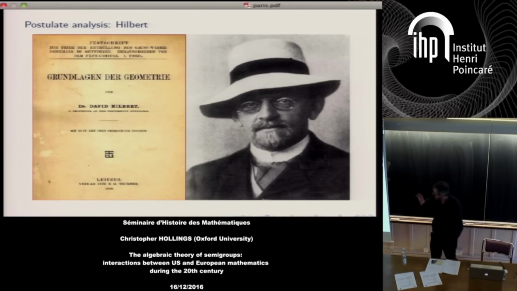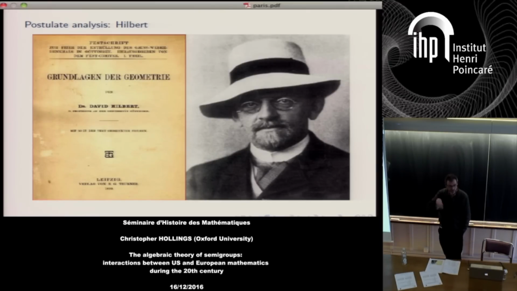And so there's a great awareness in the US of German work, again, as we were seeing. And certainly this book on the axiomatization of geometry was picked up in particular by E.H. Moore at the University of Chicago. He organized a seminar to study this book, to study the axiomatization of geometry.